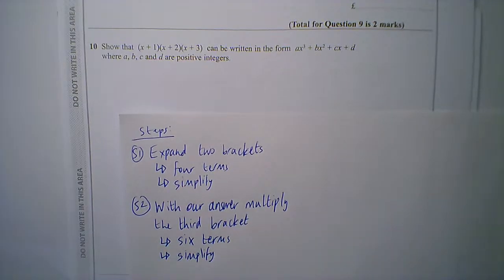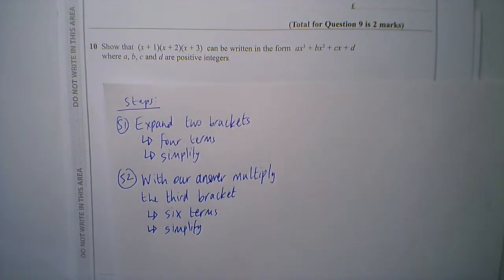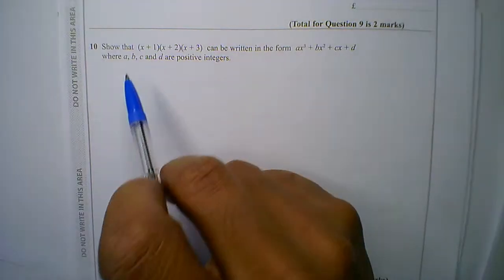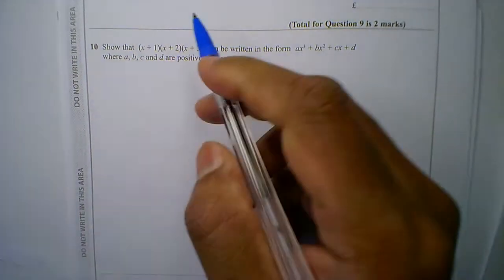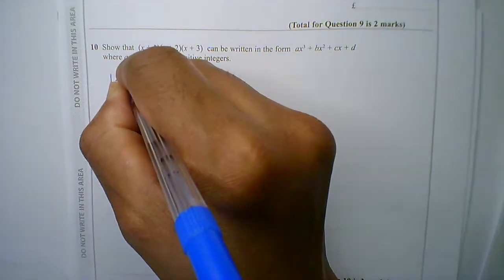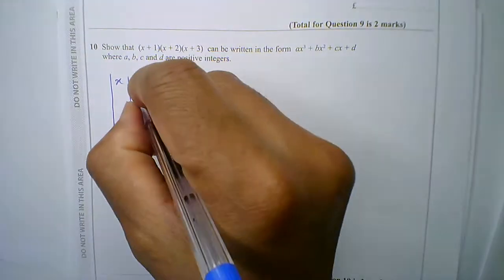Now, you can use many methods. The method I'm going to be using is the grid method or the box method, because that makes it much easier for you to get method marks in case you make mistakes. So here we have x plus 1, so I'm going to write out x, plus 1 here.